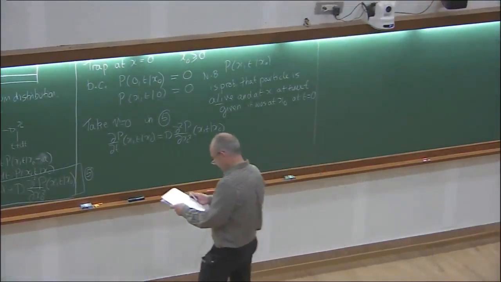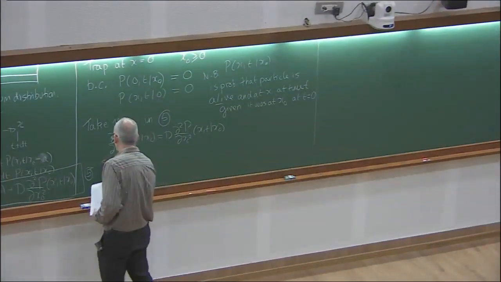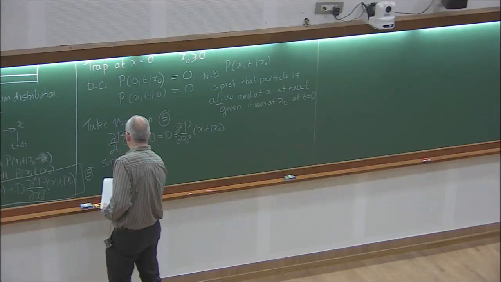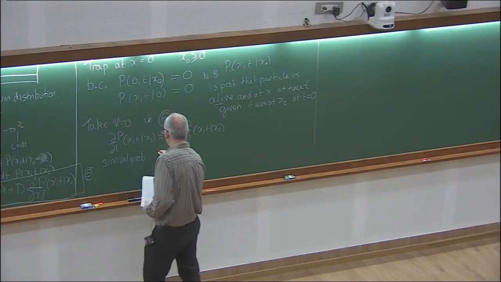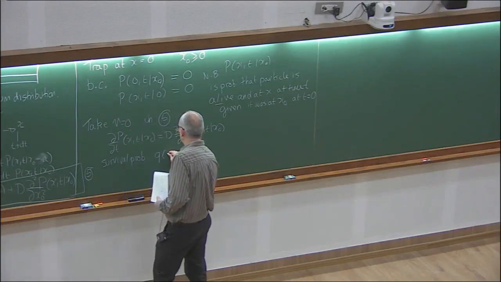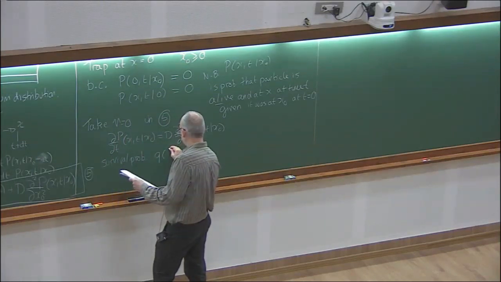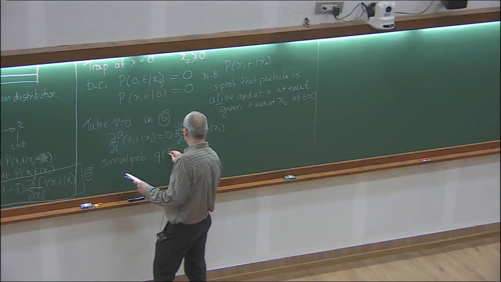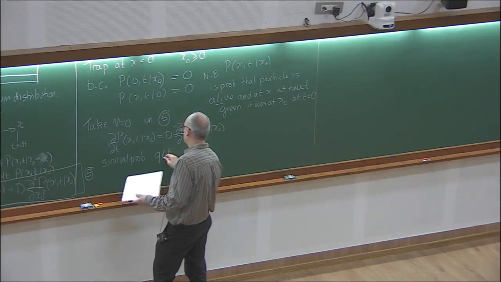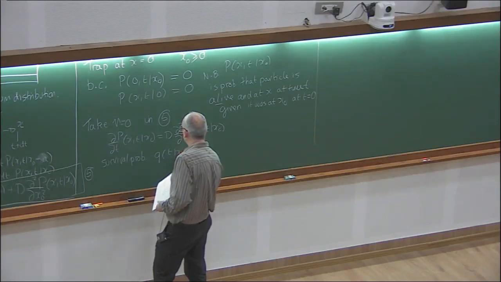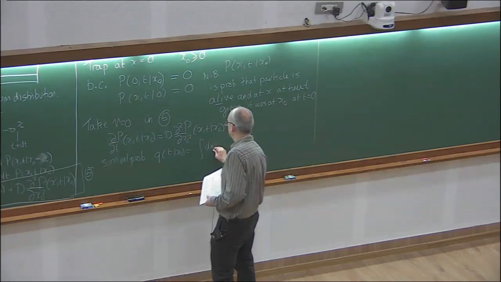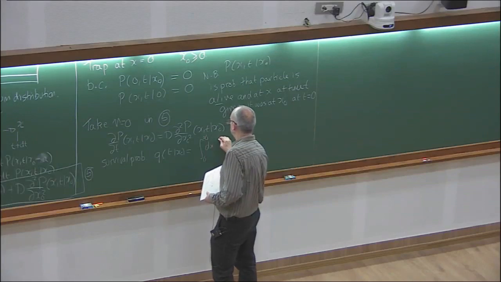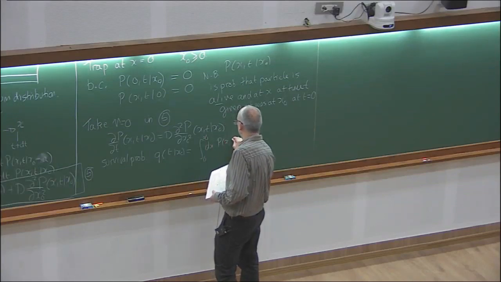So I'll call this the survival probability. I'll call it Q. And it now becomes, I integrate out x, so it becomes Q, survival probability at time t, given that it started at x naught. So the integral over x from 0 to infinity of p(x, t | x naught).